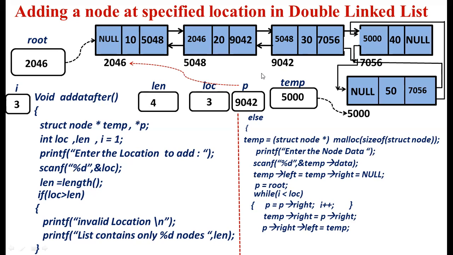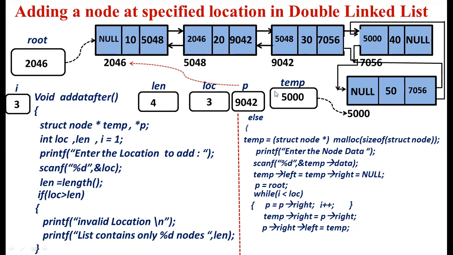So now our right side connections are over. Now we have to give the left connections. Here we have to store this 9042 value in this particular location. So what is 9042? It is nothing but P. That P value we have to store here.